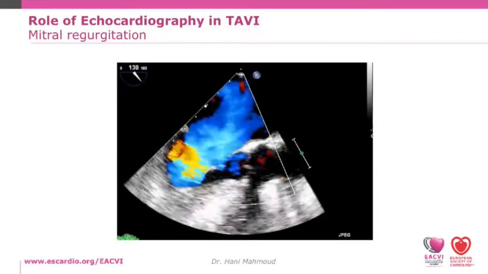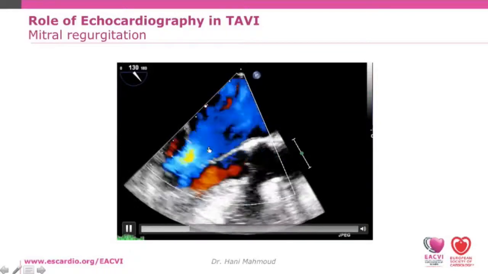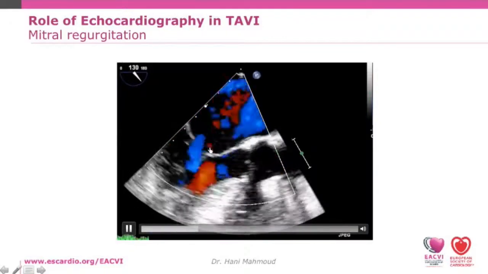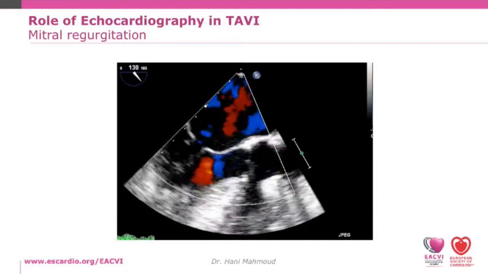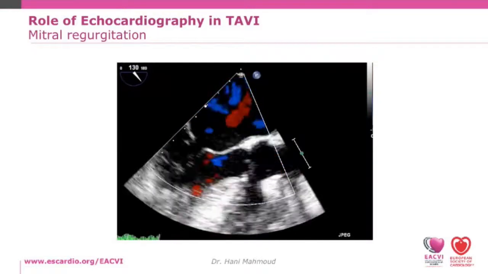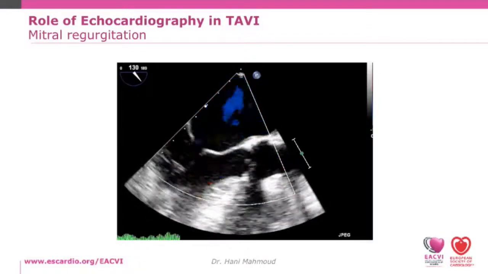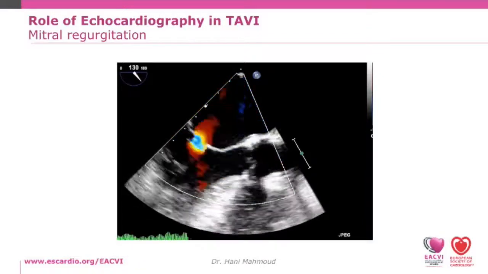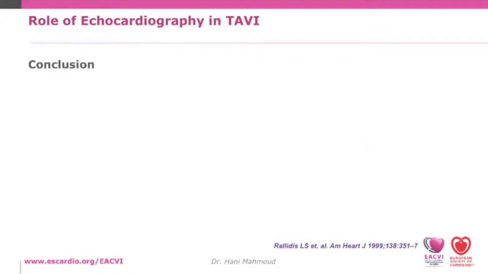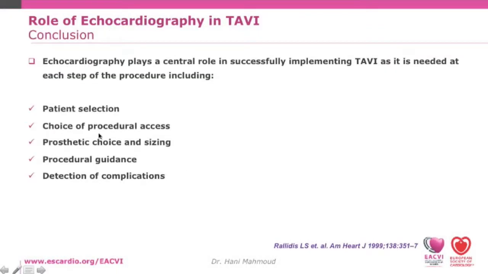After the first ballooning, look at what happened to the mitral valve, very significant increase in mitral regurgitation, and that patient ended up with some decrease in the mitral regurgitation after implantation, and later on it was improved. So in conclusion, for TAVI, echocardiography is deeply involved in the patient selection, choice of procedural access, prosthetic choice and sizing, procedural guidance and detection of complications.